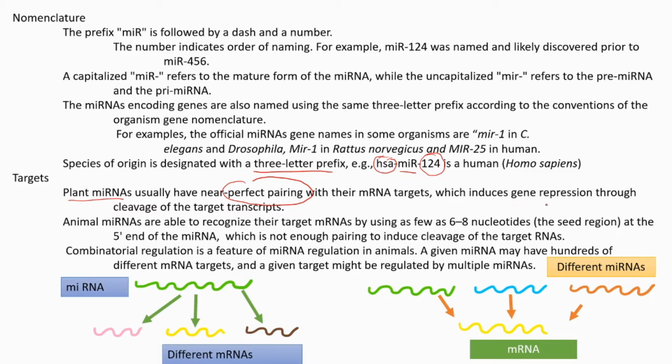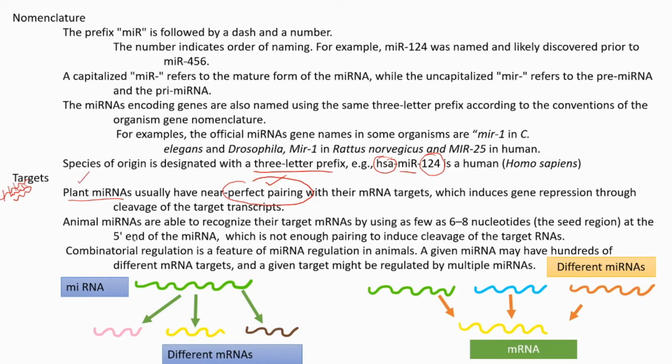So in plants, the cleavage of the mRNA happens mainly by perfect pairing. That means the miRNA with its loop goes and pairs with the mRNA, with best pairing, and then degrades or damages that mRNA. In that way, it can block the expression of that gene in the case of plants.